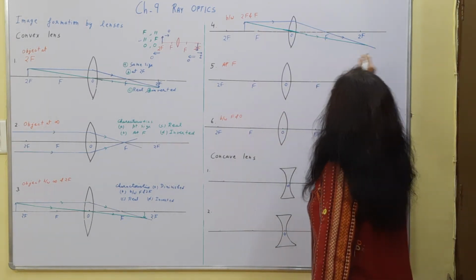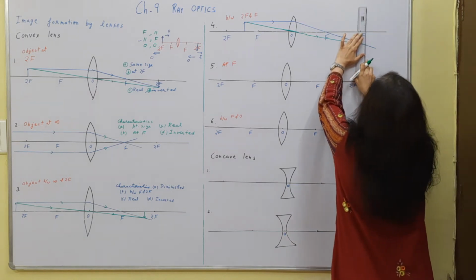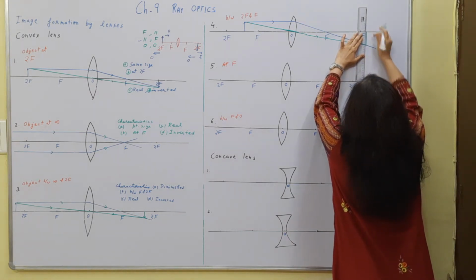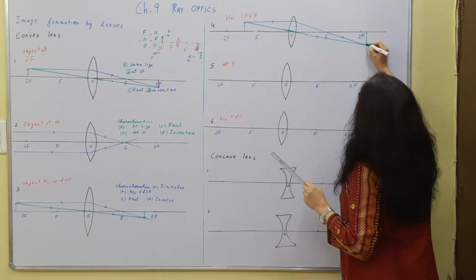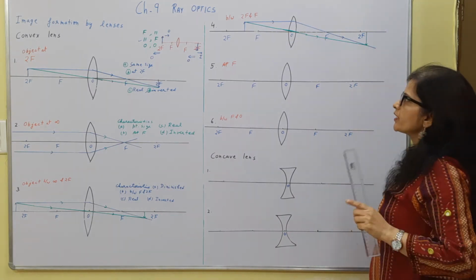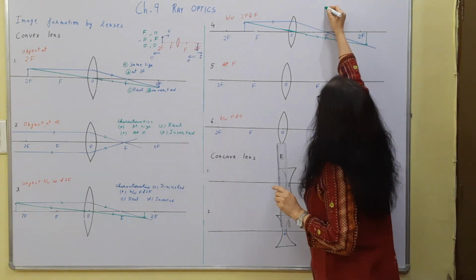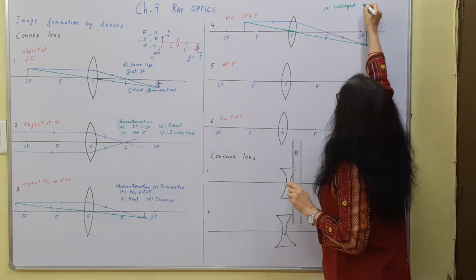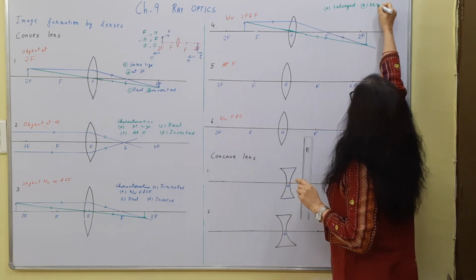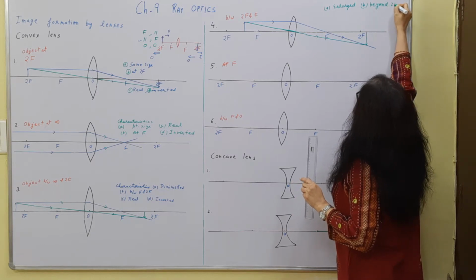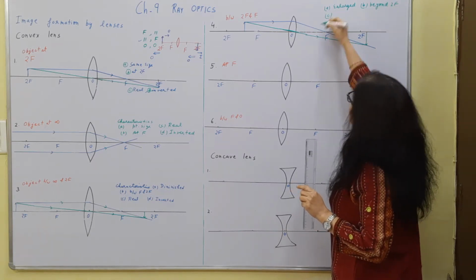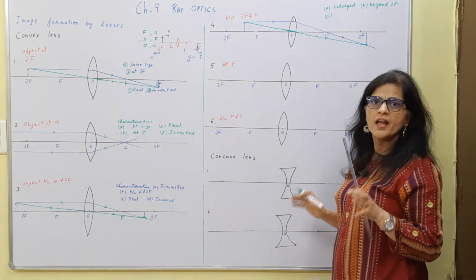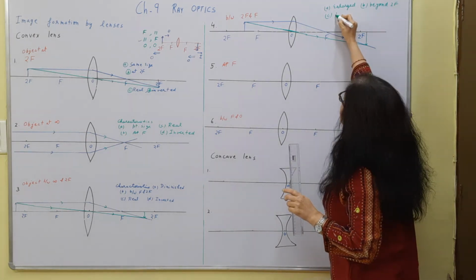So here our image is formed beyond 2F. Now it is enlarged. So the four characteristics we are writing: first is enlarged, second is beyond 2F, third is real, and fourth is inverted.